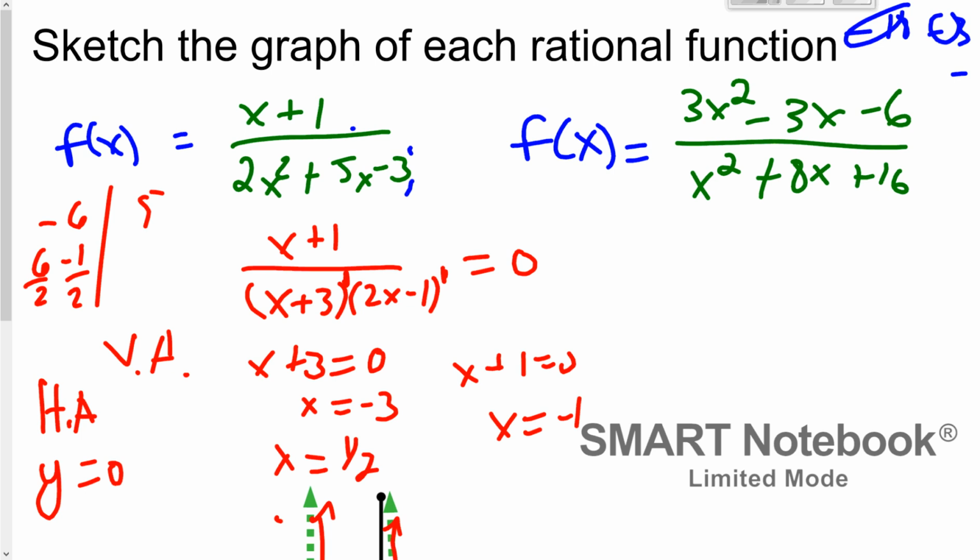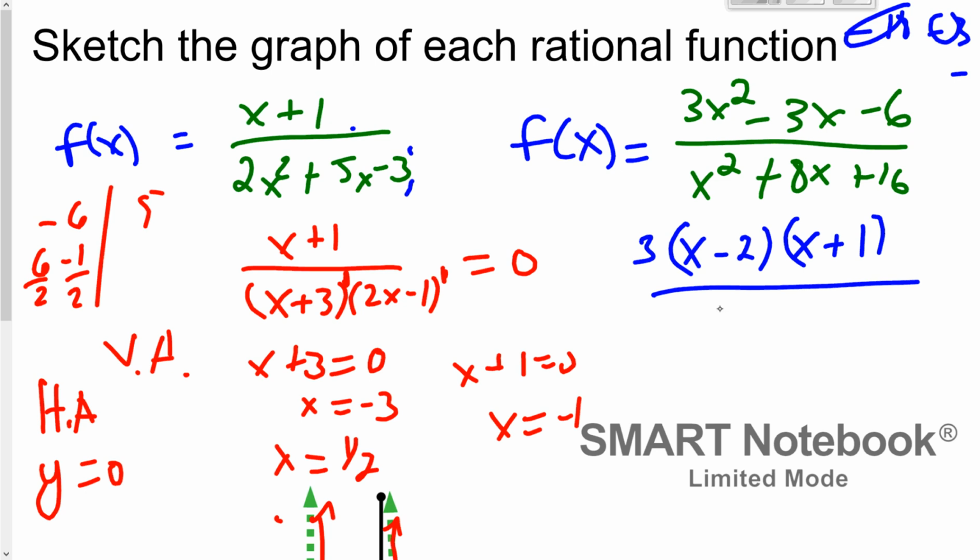And then we divide by our a, so we get x -2 and x +1. And then x times x is x squared, so that 3 is actually coming out, because you could divide all those by 3 to begin with. Okay, and this one is x +4.